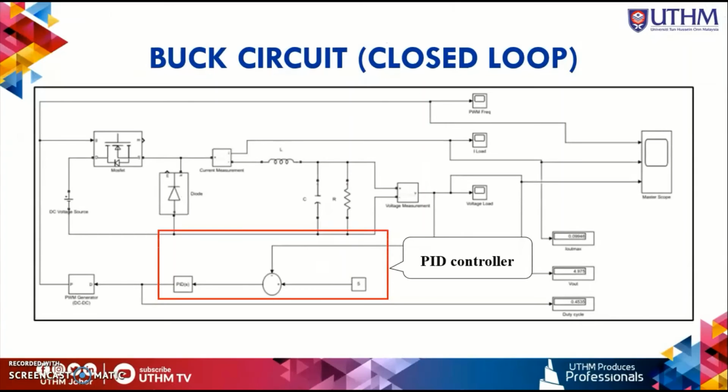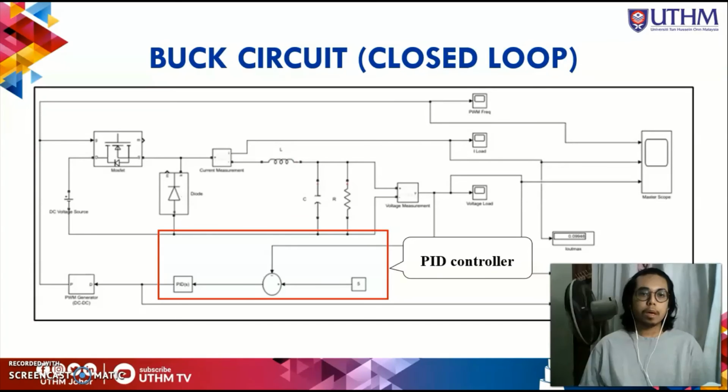In closed loop, we have to use the PID controller, in which the reference value of the V out will come back to the PID. The value from the voltage output here and the reference voltage here will be summed together and go into the PID box, and then this PID box will calculate the error and go into the PWM generator, and then after that go into the MOSFET.